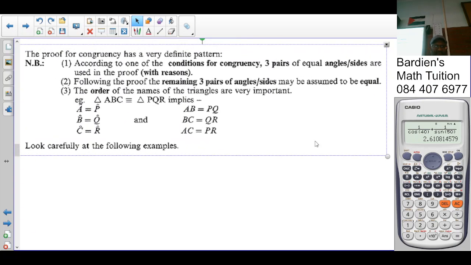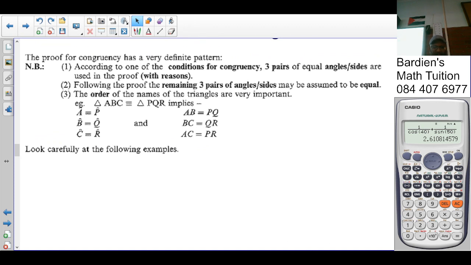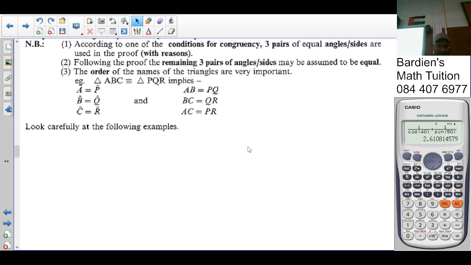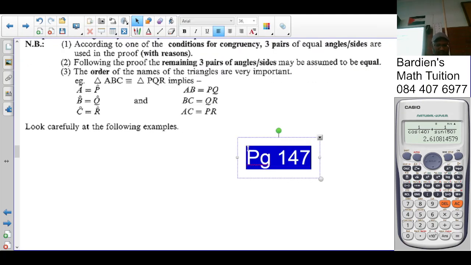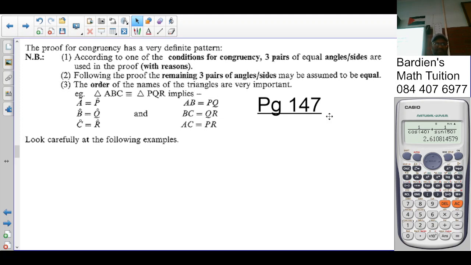Very important, the note you're going to read through is on the next page, which is 147.